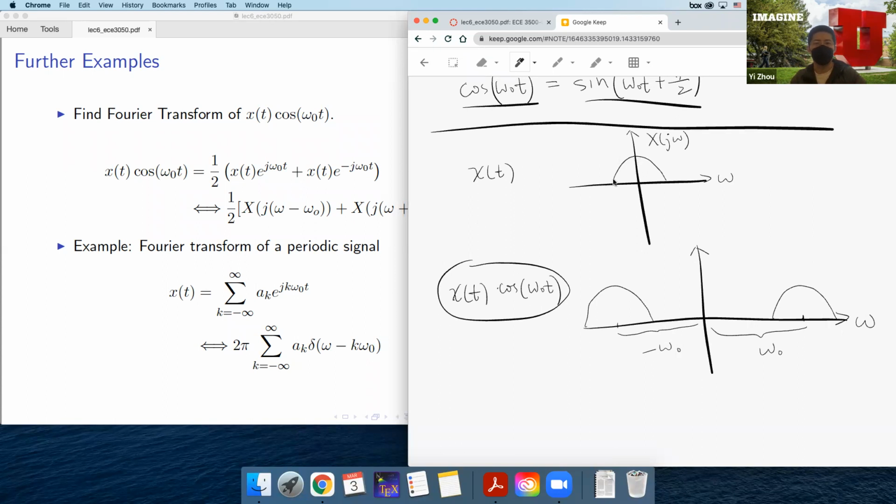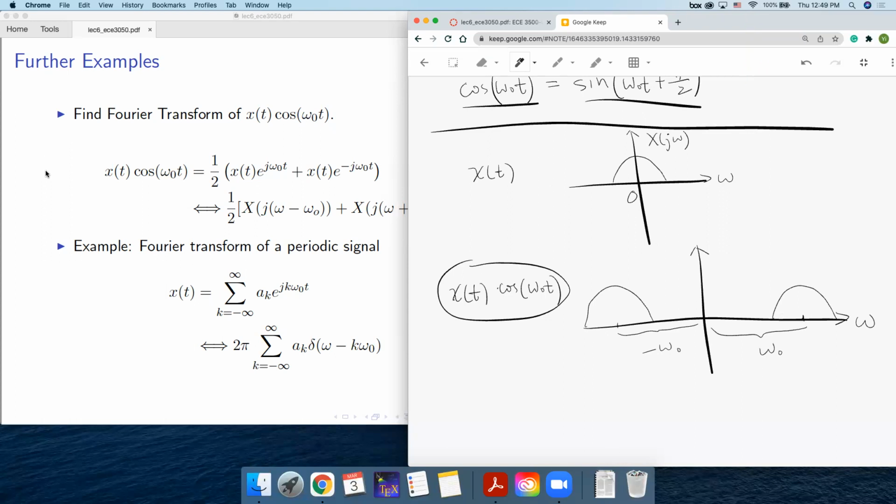Previously, the spectrum stays in the low frequency part, and transmitting such a low frequency signal over the air is very difficult. We will suffer from a lot of attenuation. And now we are dealing with a much higher frequency signal. So transmitting such a signal is relatively easier.